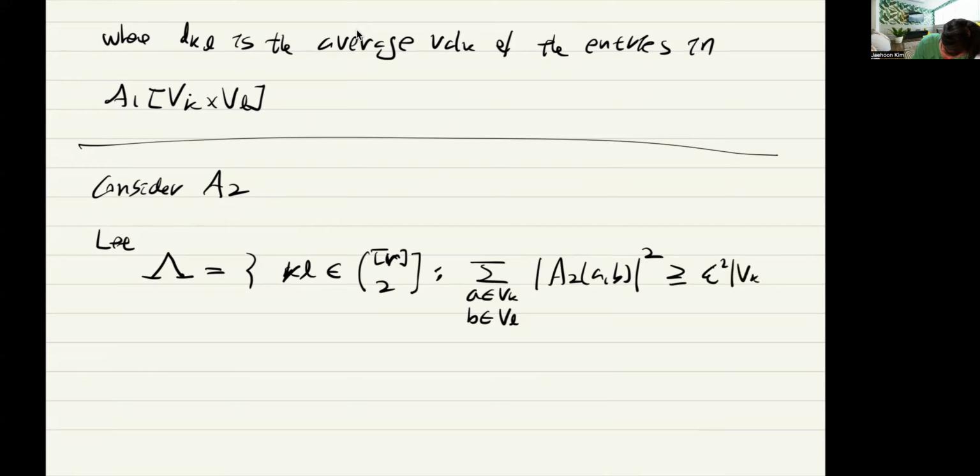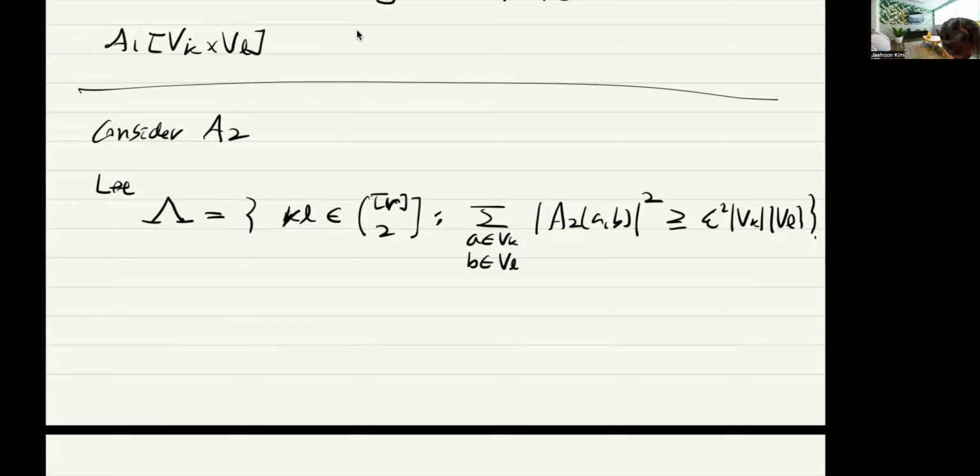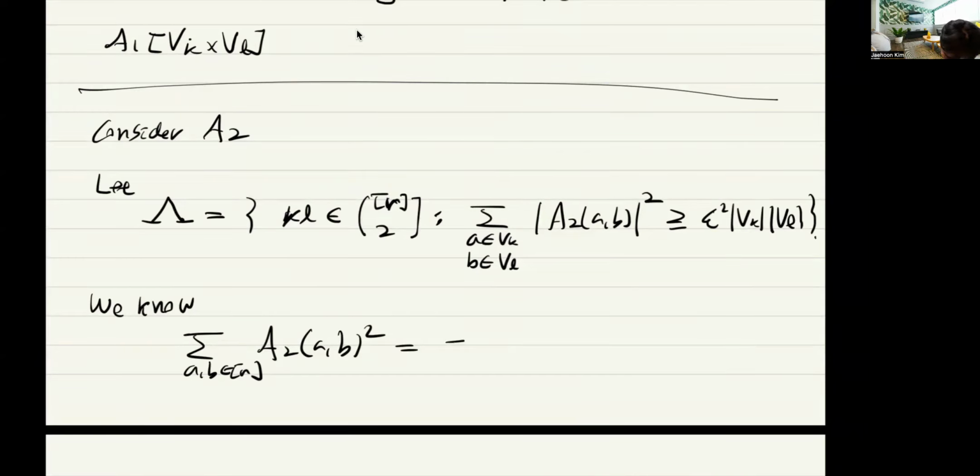If this is bigger than the threshold for P_k and P_l, you put it in this capital lambda, otherwise you don't put it. Then what do we know? If we take all possible coordinates and take the square of each, that's the same as the trace of A_2 squared.